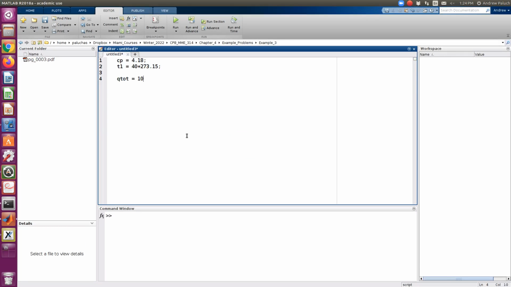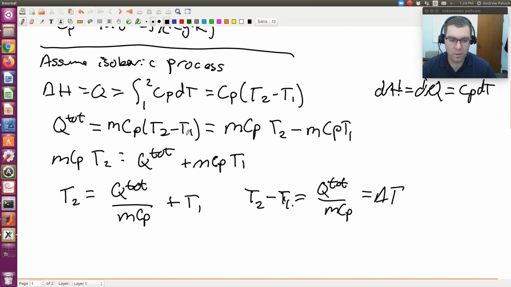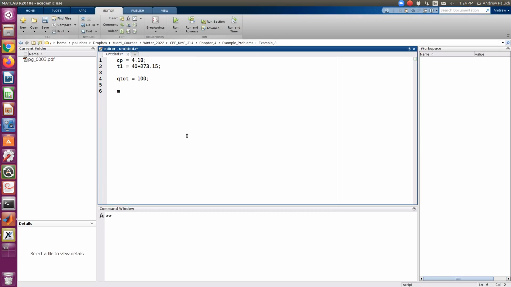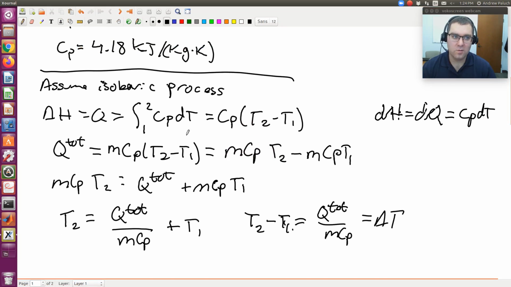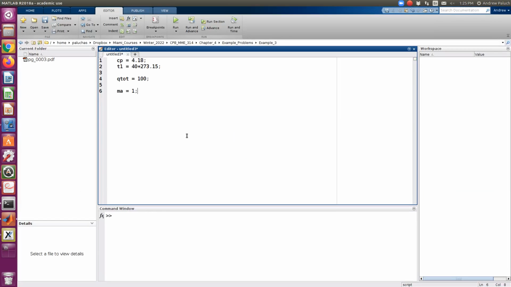So Q total is 100, and that should be all. And then let me write our three masses. So mass for case A is 1 kilogram. Case B is 10 kilograms. And case C is 1,000.